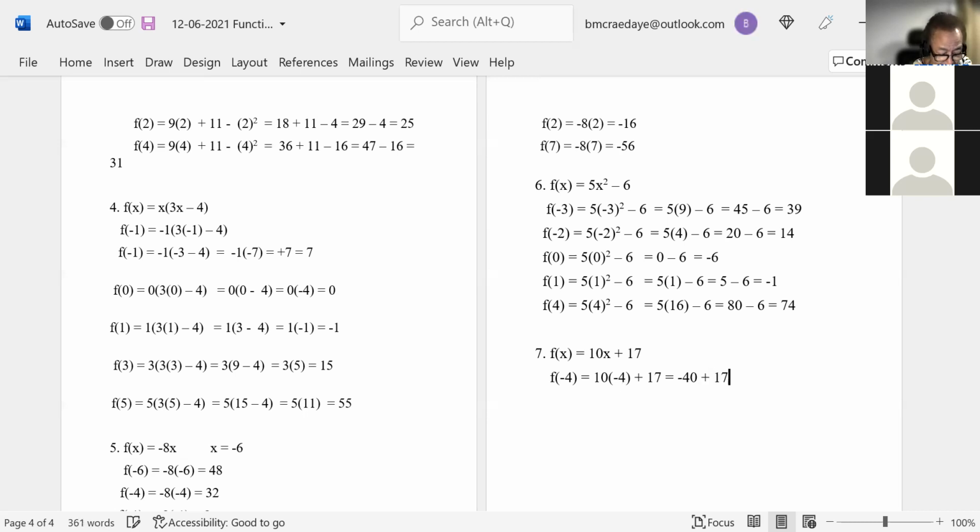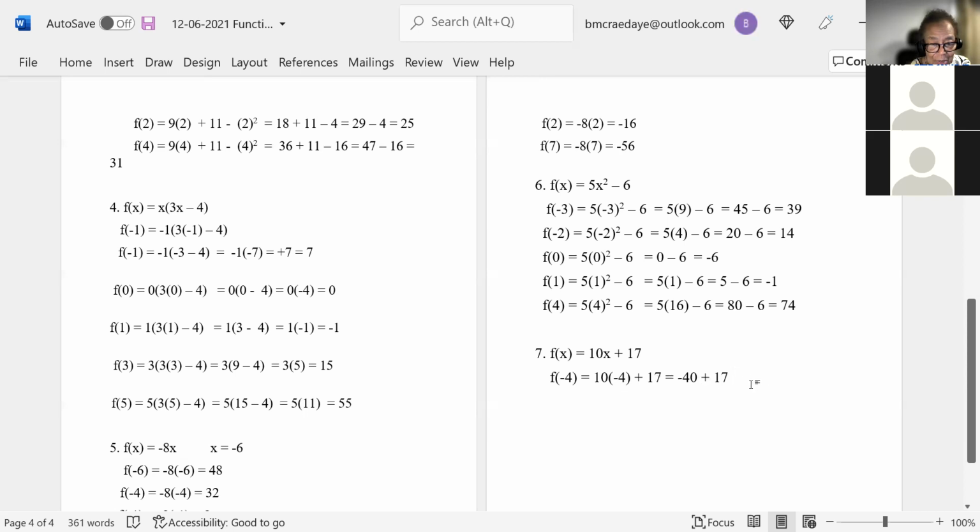Plus 17. What is that equal to? 57. Oh. Minus 40 plus 17. Remember, the 10 times the minus 4 gave you a minus 40. And a minus 40 plus 17.